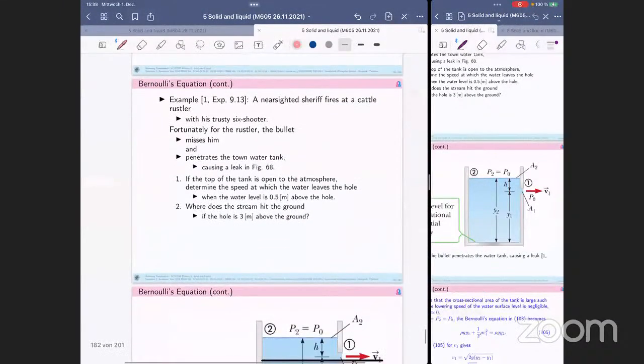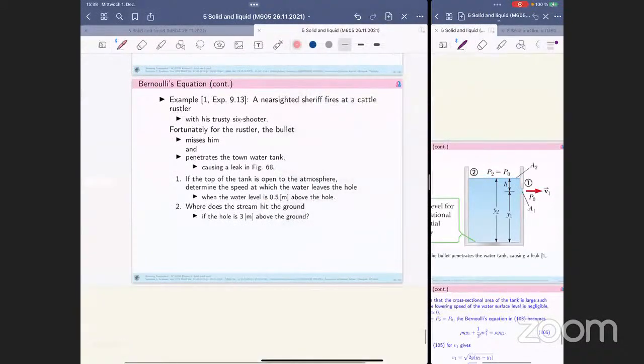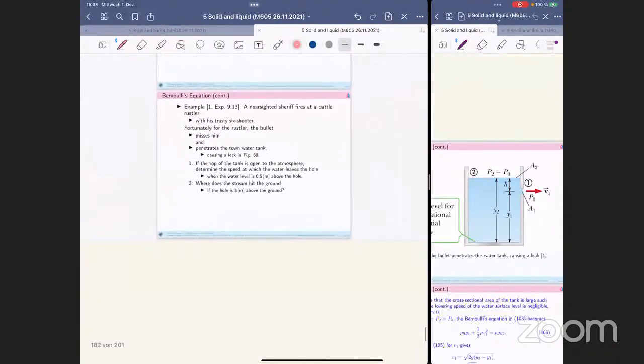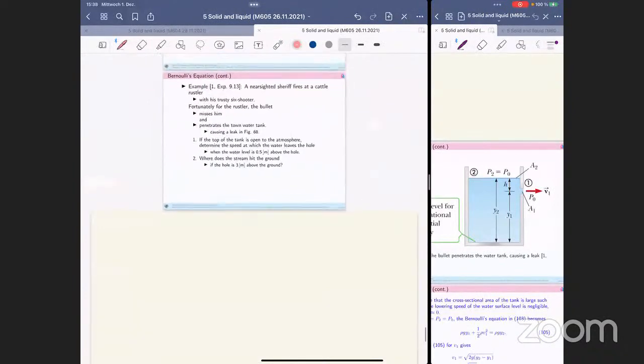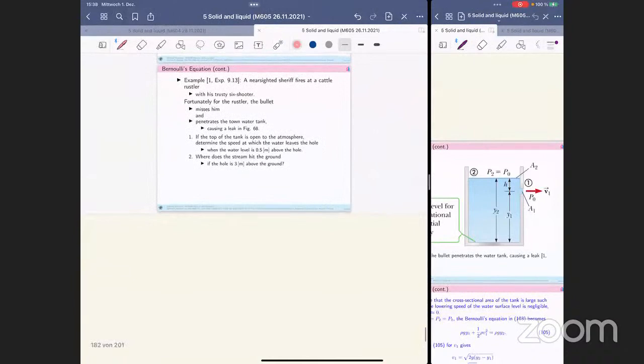Let's draw the whole thing that happens in this problem. We have here a water tank of the town, and here is the water level. This is the cattle rustler, the kind of thief who steals cows and so on.